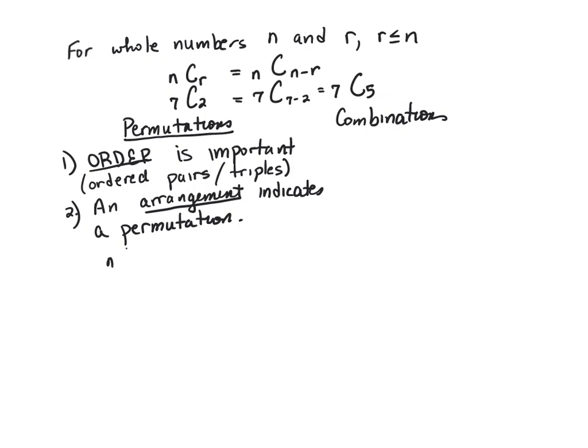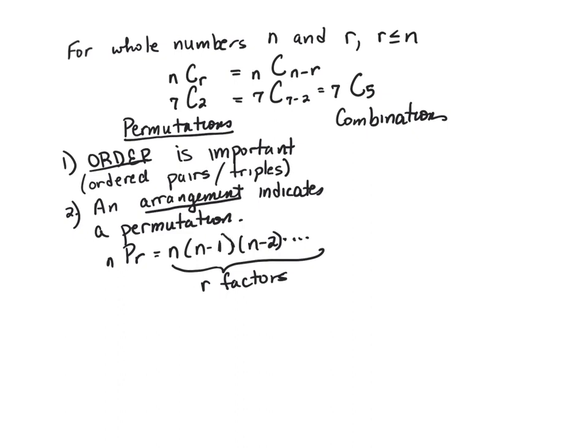So nPr is n times n minus 1 times n minus 2, etc., where there are r factors. And we discussed this before. I'm just going to make this one a little clearer because I don't like the way it looks.